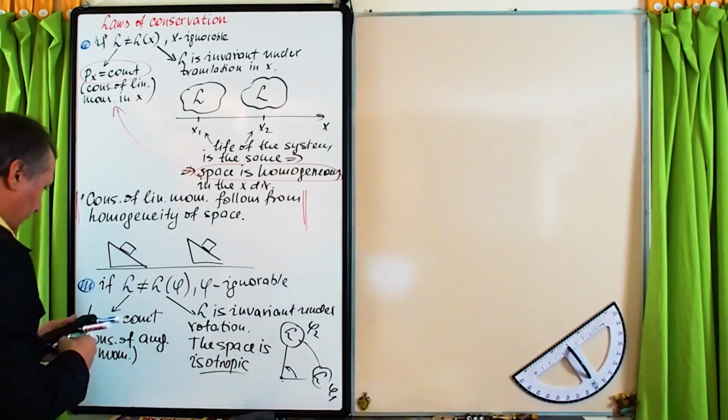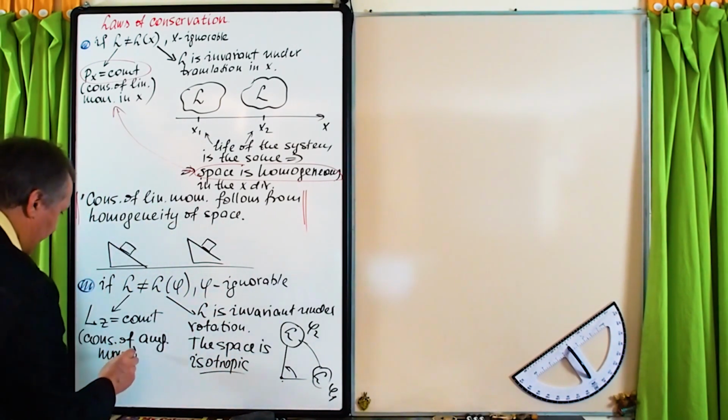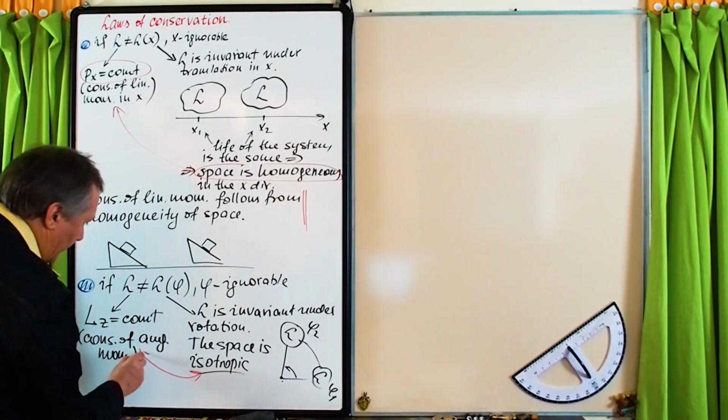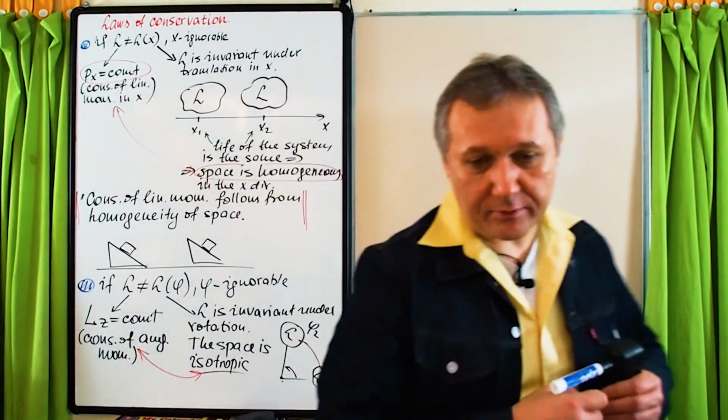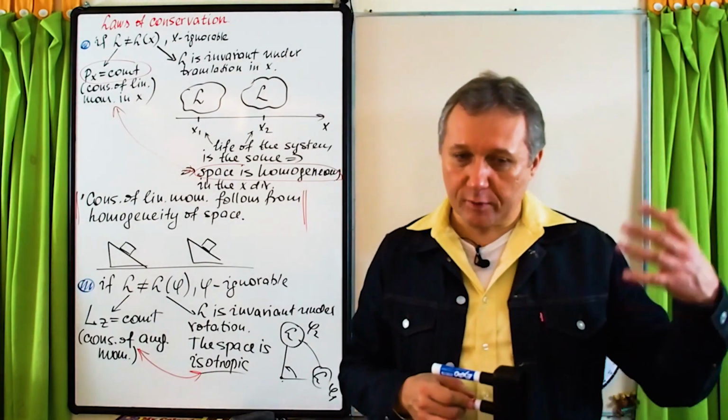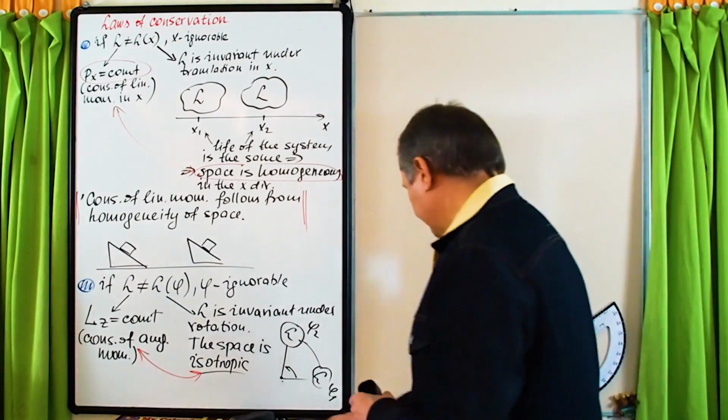Now, if we connect this conservation of angular momentum and isotropy of space, we can say that conservation of angular momentum follows from isotropy of space.